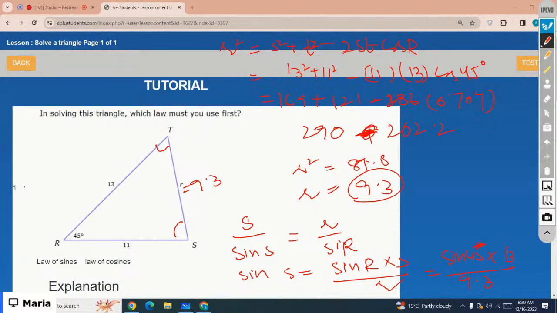Okay, so sine 45 is 0.707, and 0.707 times 13 is 9.1, and 9.1 divided by 9.3 is 0.978.